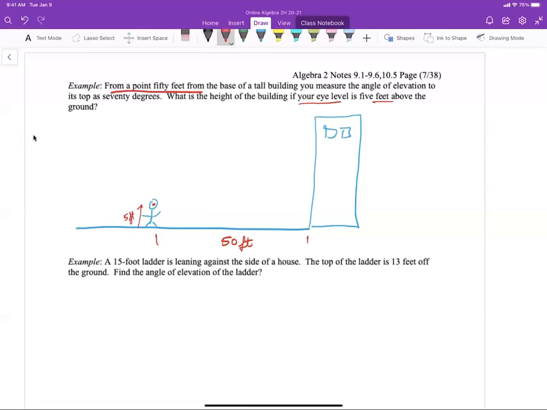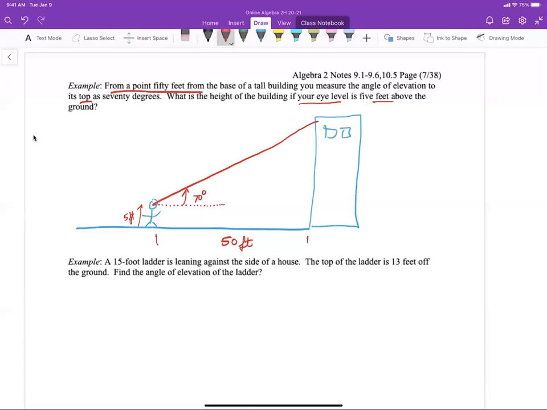And although it wasn't clear, if we measure the angle of elevation from where I'm standing, here's the horizontal that I see. And I am going to measure the angle of elevation to the top of the building. So let's draw a picture to the top. And there is my angle of elevation, which is above the horizontal, and that is 70 degrees.